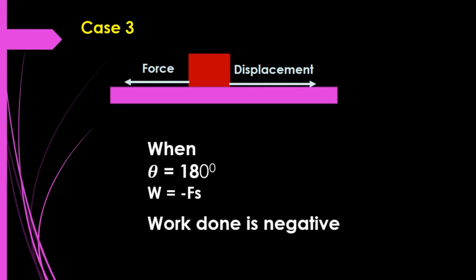What is the angle between the force and displacement here? The angle is 180 degree. When theta is 180 degree, the work done is equal to negative Fs because the value of cos 180 degree is negative 1. In this case, the work done is negative.